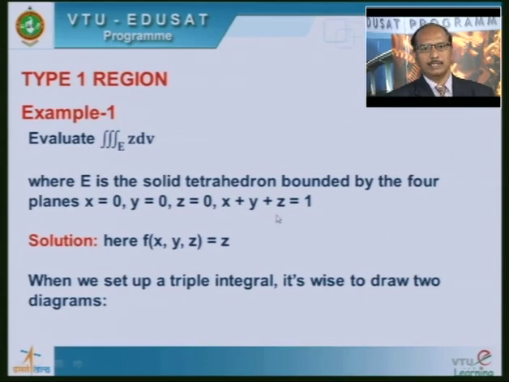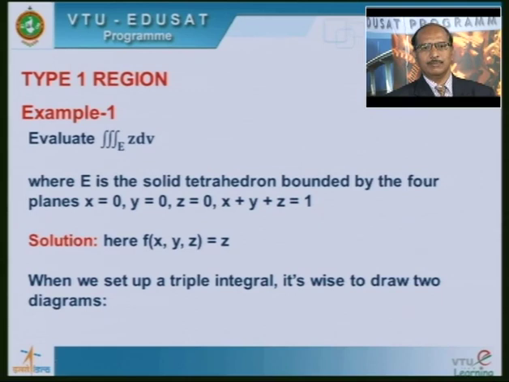This is what? x plus y plus z equal to 1. What is the equation of plane? This is the plane in 3-dimensional space. It is the intercept form of the plane. You studied in geometry: the intercept form of the plane is x by a plus y by b plus z by c equal to 1, where a, b, c are the intercepts on the x axis, y axis and z axis.